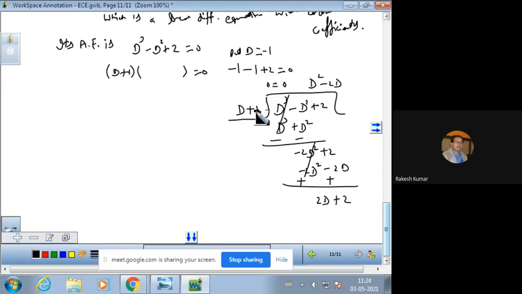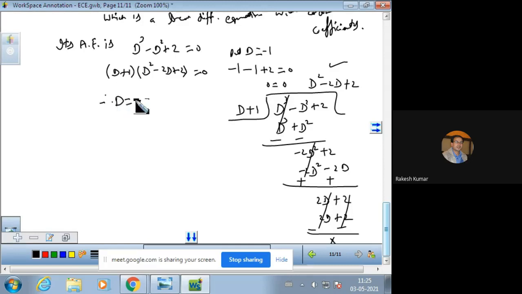Now because 2D plus 2 you will get by multiplying it with 2. So 2D plus 2, changing of sign, all terms will be cancelled. So this is by division. You will have the second quadratic factor D square minus 2D plus 2. Now you can find out the roots.